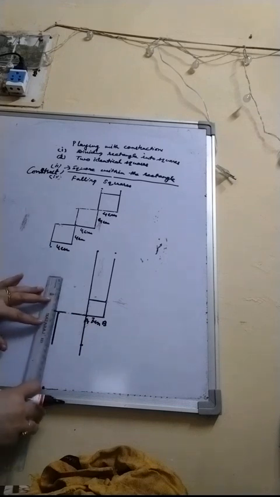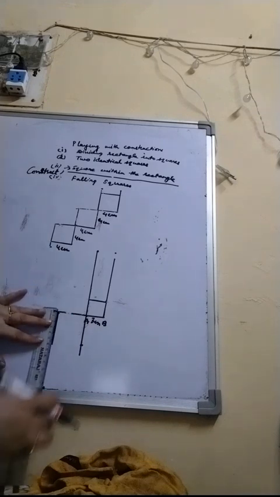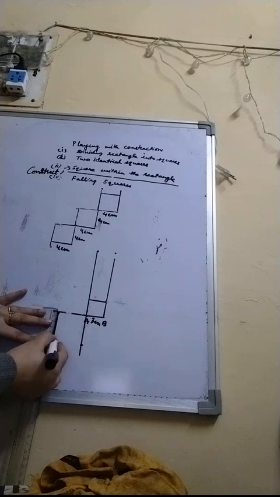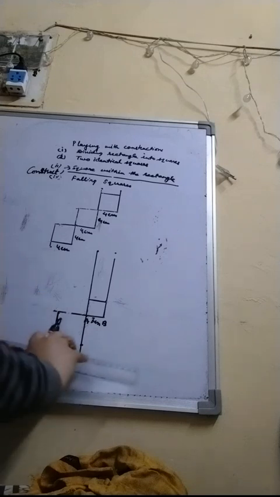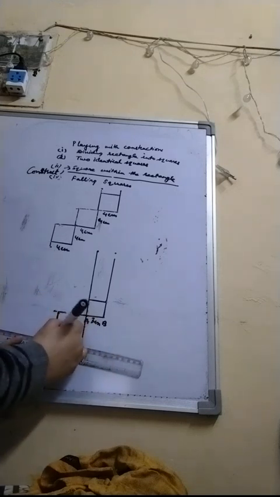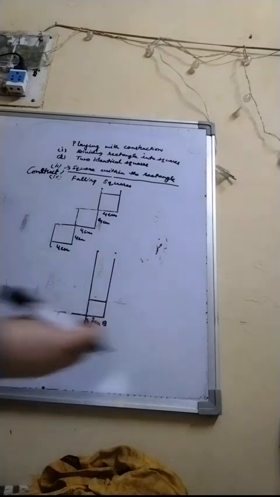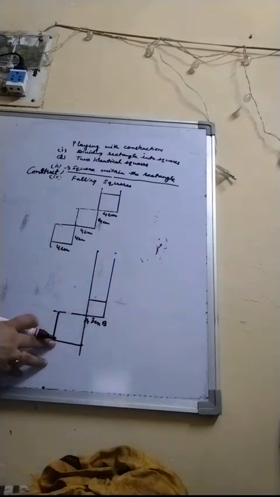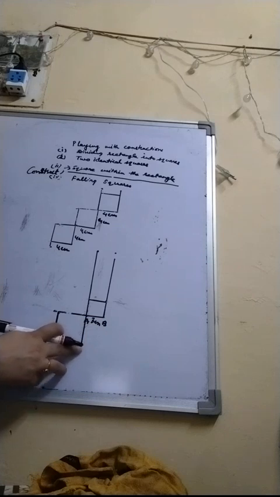Now use the ruler and mark it till 5 centimeter and you get your square. Okay.